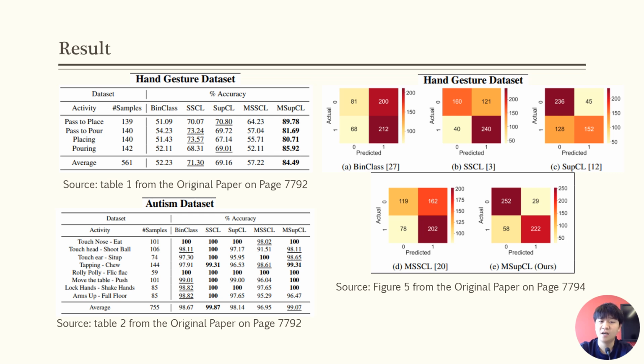And on the autism dataset, accuracies of various methods are close to perfect, and the M-subcell has an average accuracy of 99.07%, which is slightly less than the other methods, but it performs well on the hand gesture dataset, which is more difficult to classify. And here is the confusion matrix of the MSupCL in the hand gesture dataset. We can see it has really no false positives and false negatives.